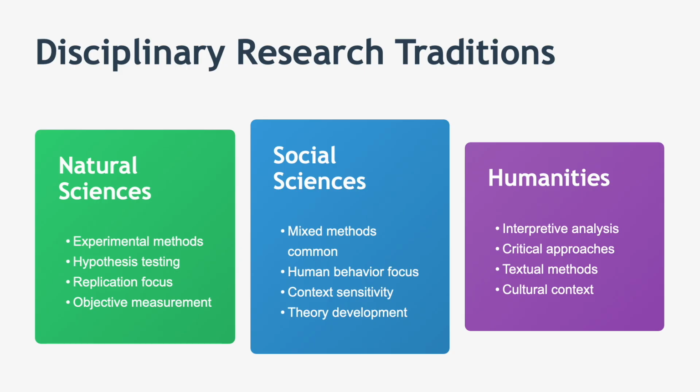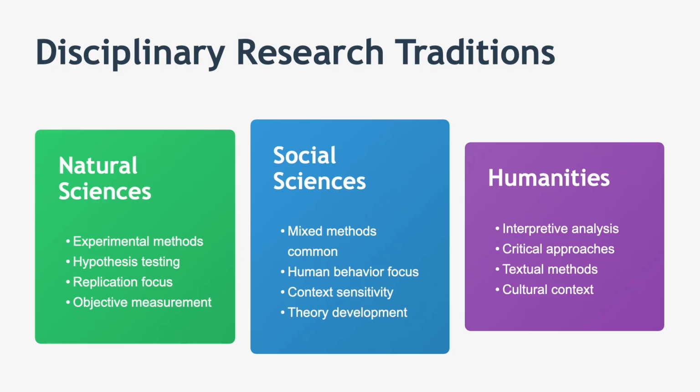relationships. The social sciences, in blue, commonly employ mixed methods because human behavior is complex and contextual, requiring both the statistical power to identify patterns across populations and the interpretive depth to understand why people act as they do.